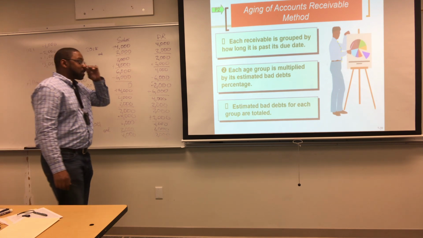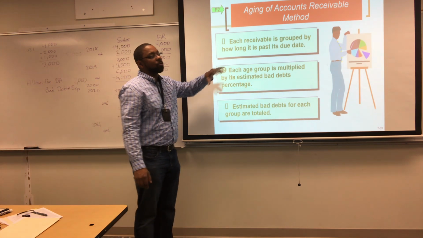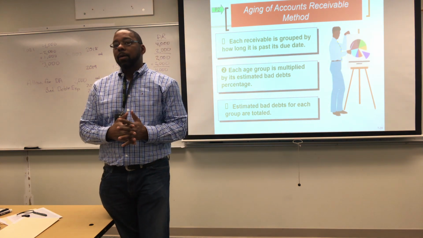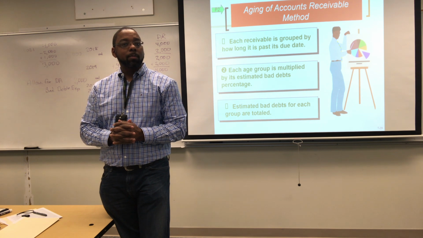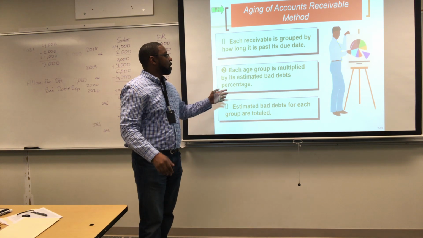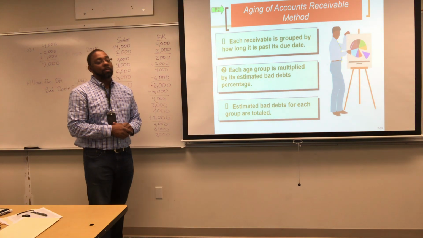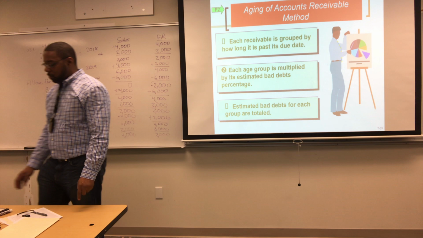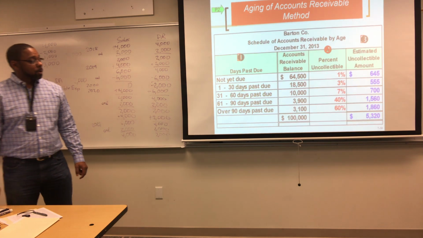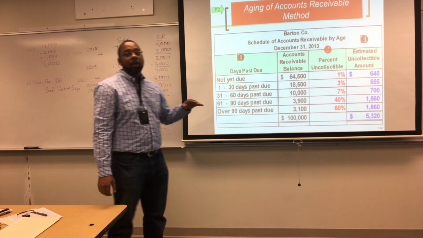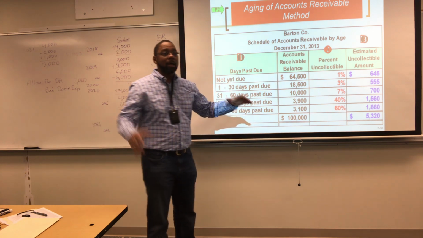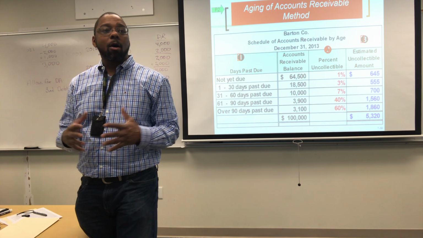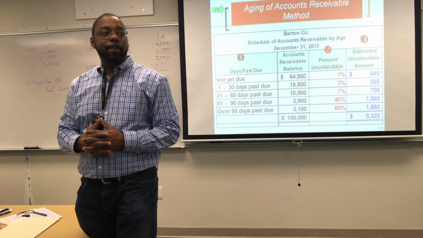Aging looks like this, right? In the method, each receivable is grouped into how long it has been due. And then each age group is multiplied by an estimated bad debt percentage, and the estimated bad debt for each group is totaled. So it'll look like this. And we're breaking this out in age groups because not all bad debt is the same.